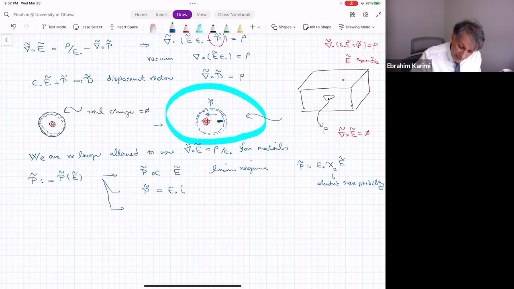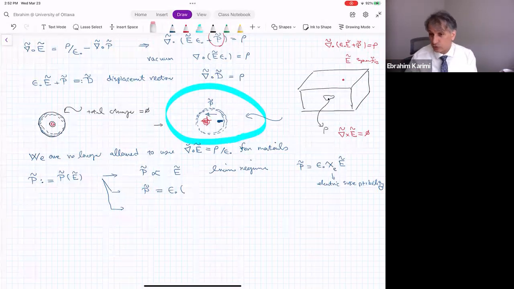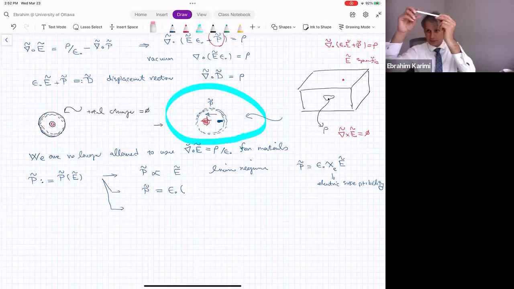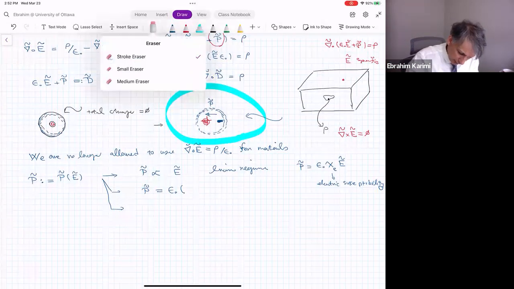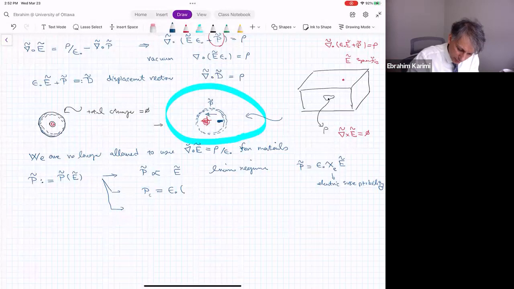Definitely, P has 3 components because it's a vector, right? It's a polarization. It can be a vector in space. It's a 3-dimensional vector. So I can talk about the i-th component of that. Then it can depend on chi_ij E_j, which is the linear term.